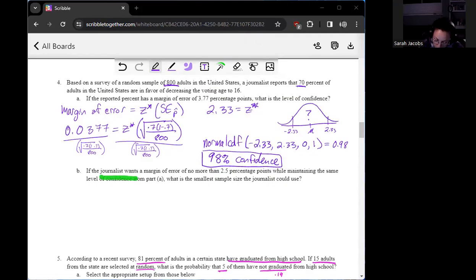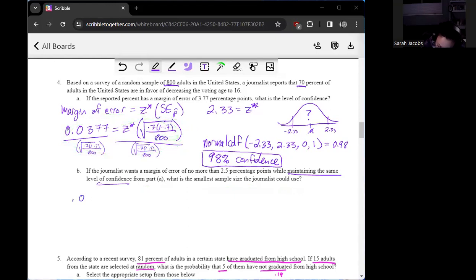Now, if the journalist wants a margin of error of no more than 2.5 percentage points while maintaining the same level of confidence from part A, and we can assume that the 70% is maintained, what is the smallest sample size that the journalist could use? Now we have to do this again, but we don't know n. So again, solving for sample size.